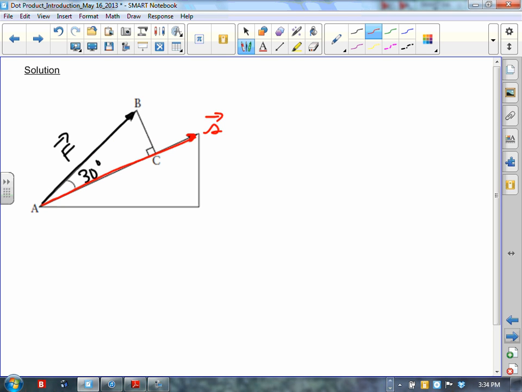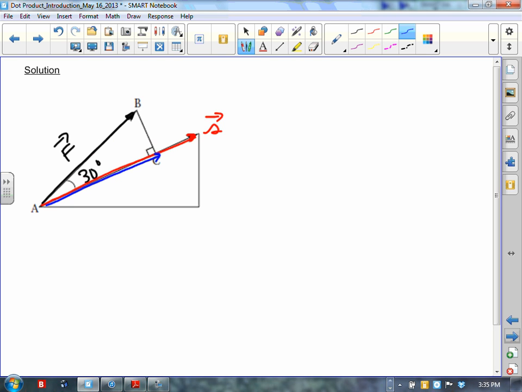So to find the work, we're going to need the magnitude of the component of the force along the hill. That's a lot of jargon. That's a component, right? So we need that particular measurement right there: the magnitude of the component of the force that's along the surface of the hill.